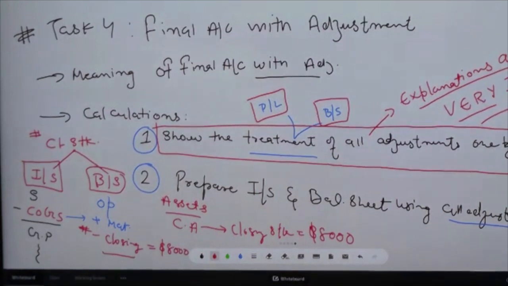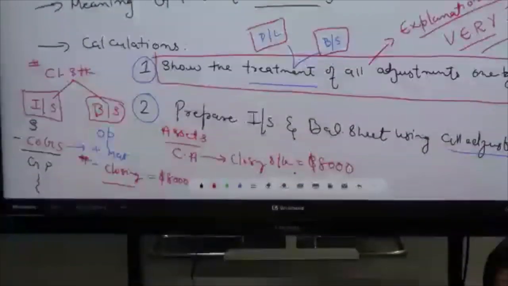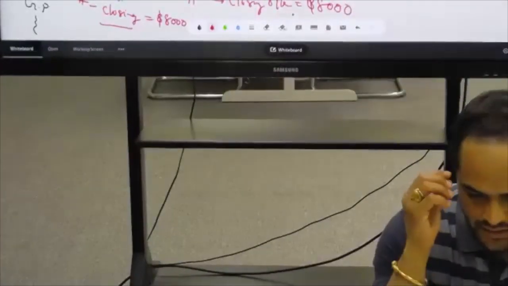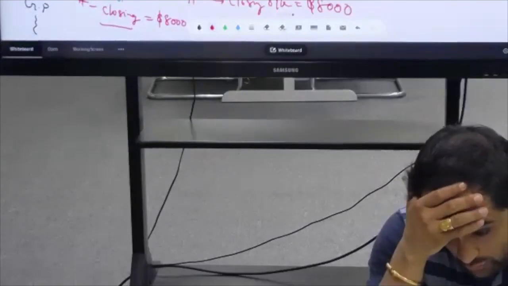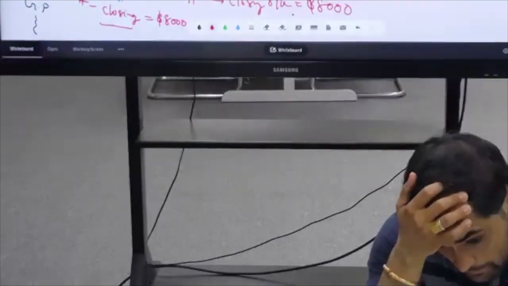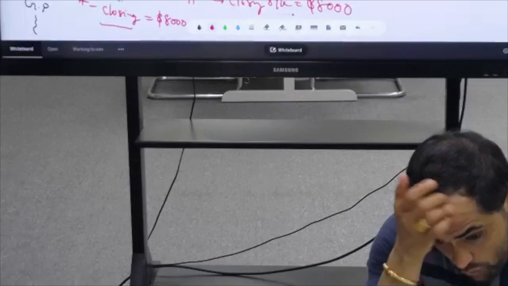Can we show the formats of each before explaining it or not? What do you mean by formats? I didn't understand formats. Can we show the formats of each before explaining it? Format of what?